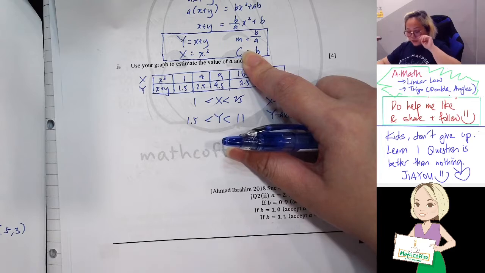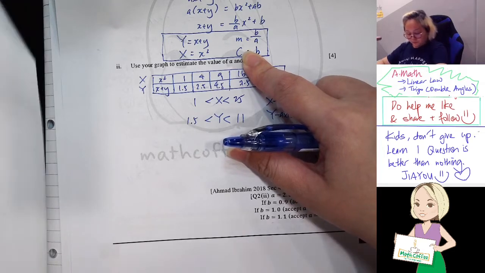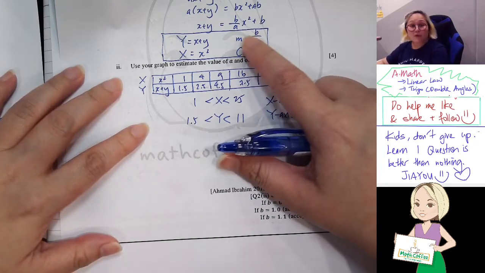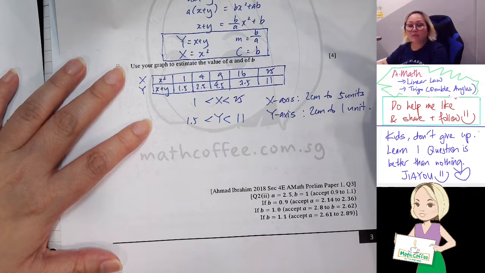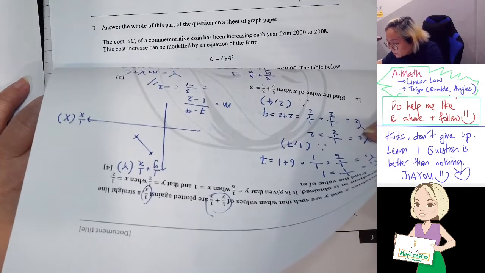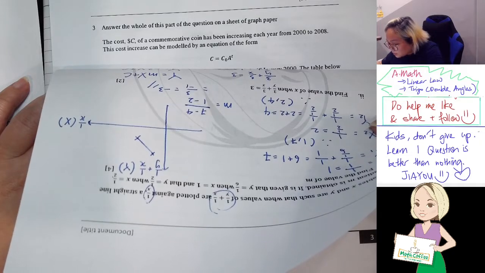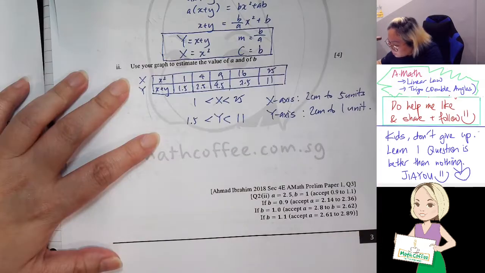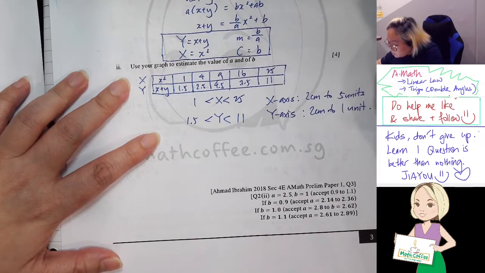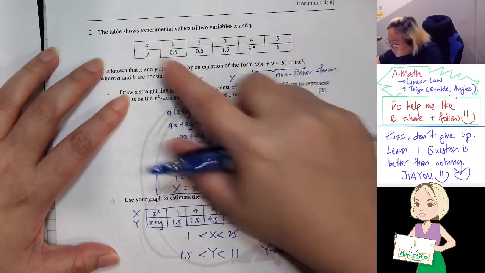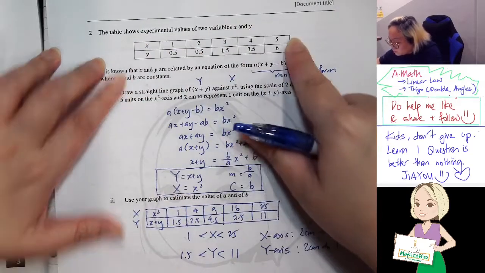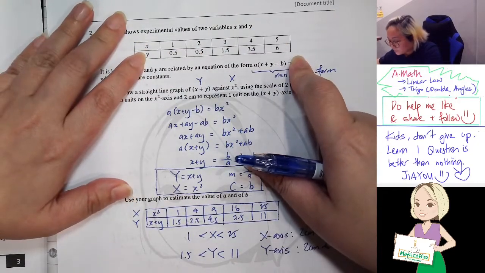So please take note of the common mistake for gradient. Do they give you one point like in the question itself, so you sub everything inside? No, they never give me one point.